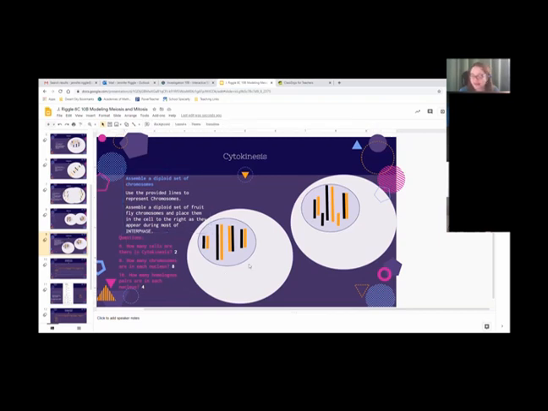So again, we have our 1, 2, 3, 4, 5, 6, 7, 8 chromosomes in this one cell right here. Those 8 chromosomes make up 4 pairs. 8 divided by 2 is 4. So we have 1 pair, 2 pairs, 3 pairs, 4 pairs.